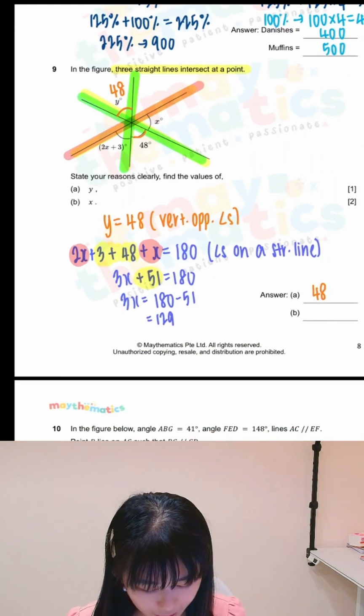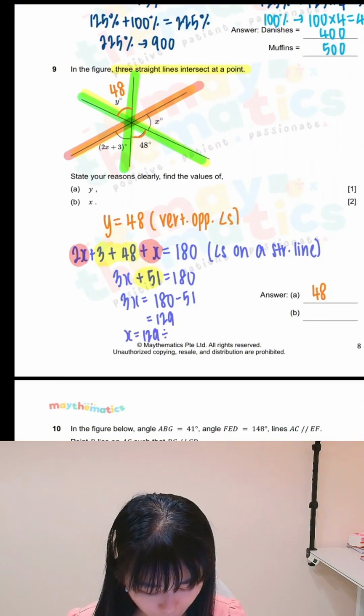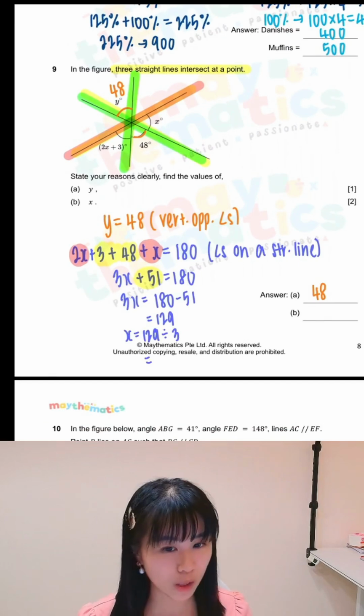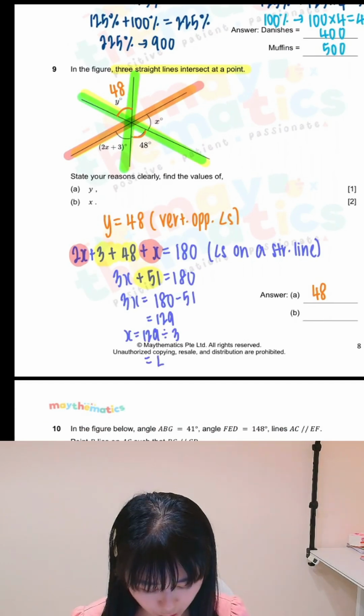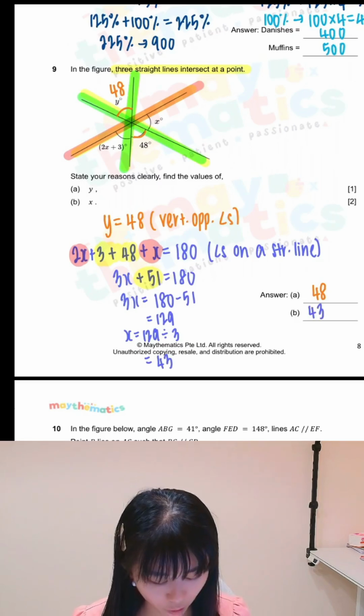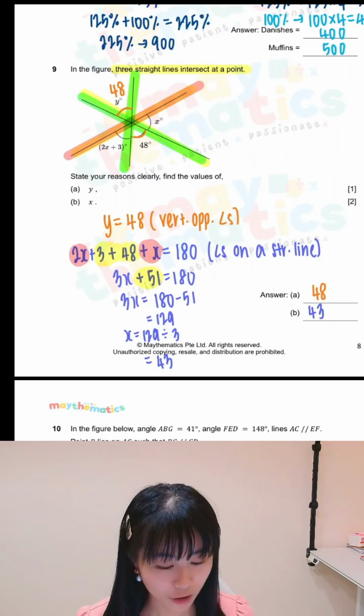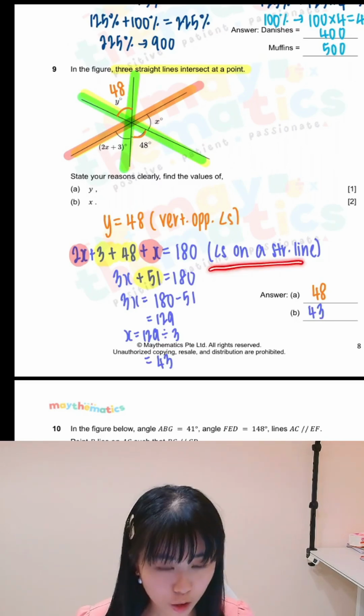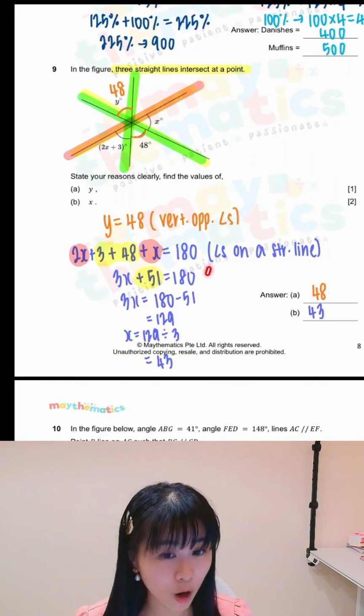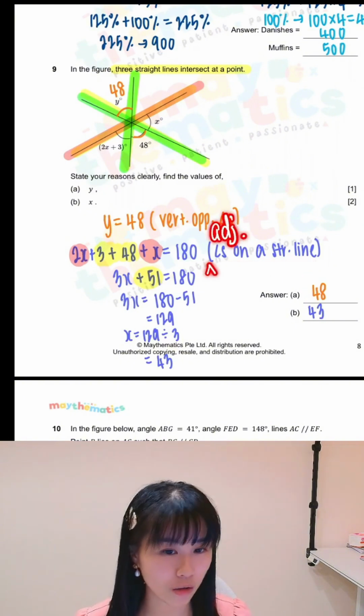Now to find the x, since 3x is 129, to find 1x is 129 divided by 3. Then you get 43. So value of x is 43. Adjacent angles on the straight line. Most schools will accept this, but to be honest, the real exact one is adjacent angles on the straight line.